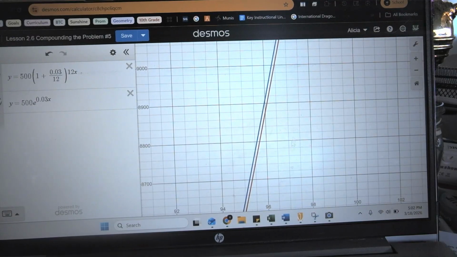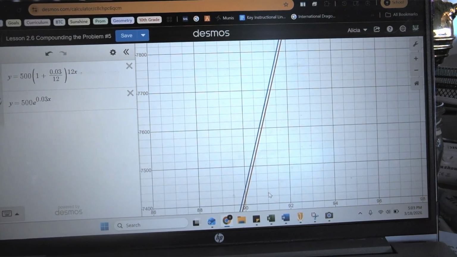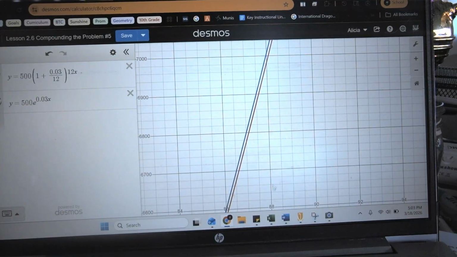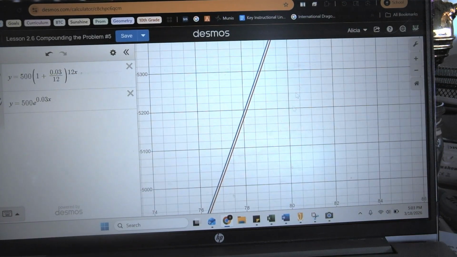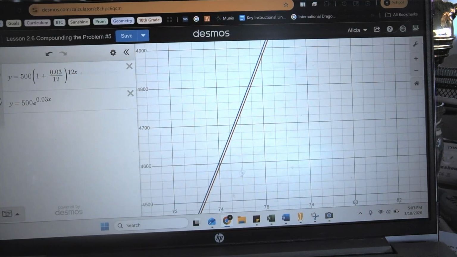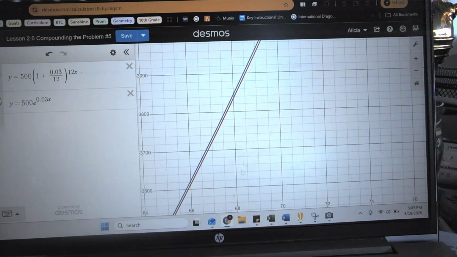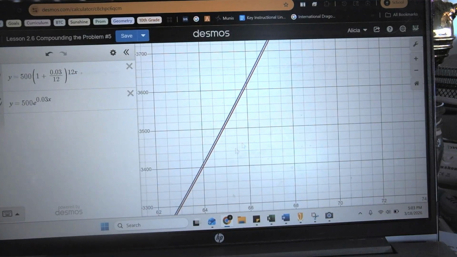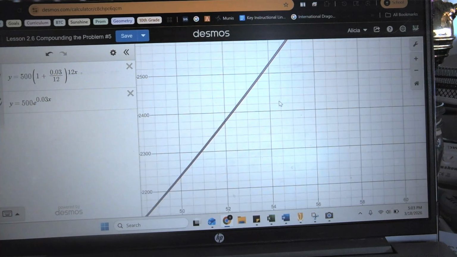So our monthly interest is always going to be below the continuous compounded interest. So we're going to get more in our account if we use the continuous, the P e to the rt. There we go. See, it's starting to level out or go a little more horizontal now.